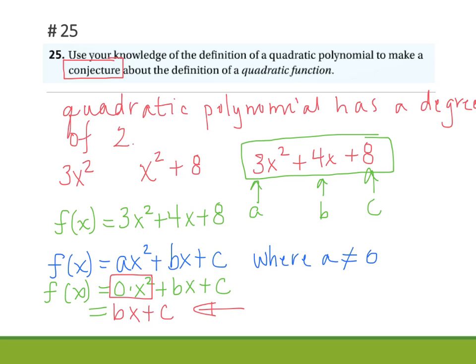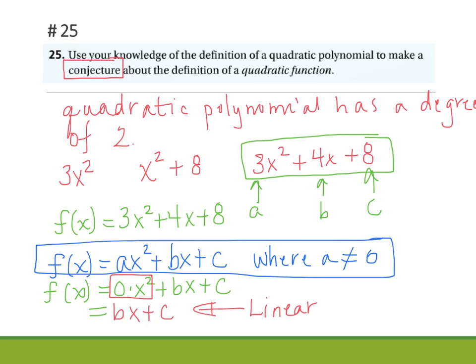It's not quadratic, it's linear, and would graph as a straight line. So when I write the definition of a quadratic function, I'm going to have to say that the quadratic function is f of x equals ax squared plus bx plus c, where a does not equal 0.